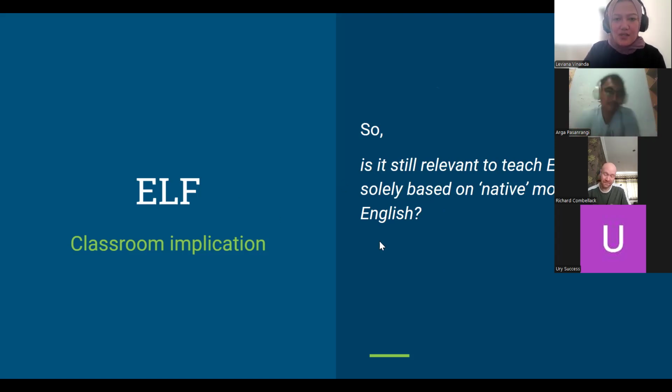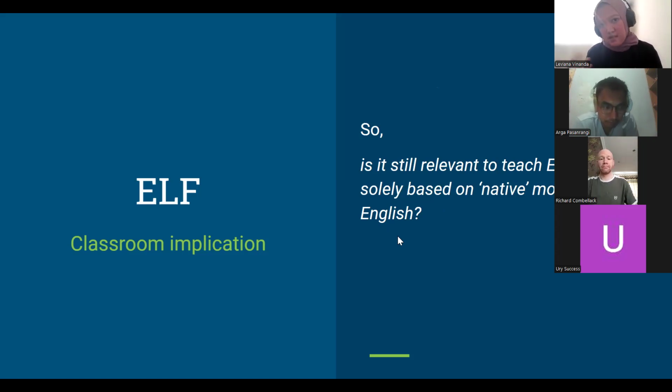One of the questions that the research in ELF, English as a lingua franca, raises in relation to English language teaching is: is it relevant to teach English solely based on the native, which means American or British, model of English?